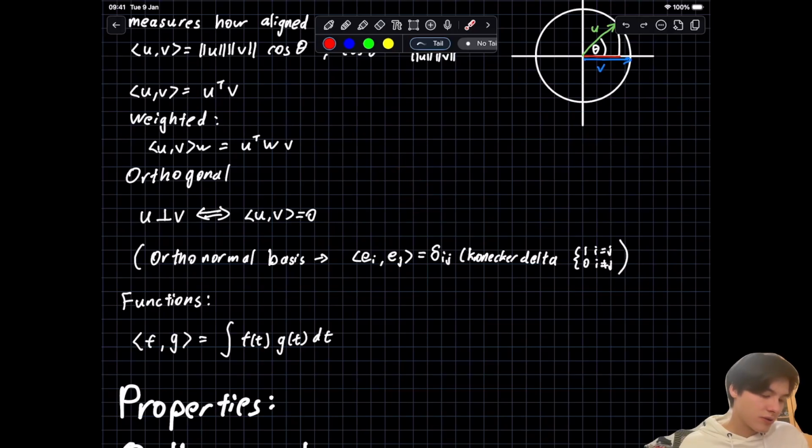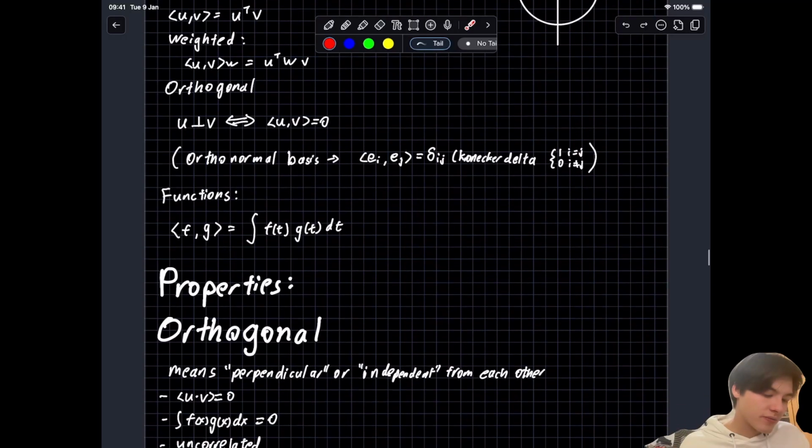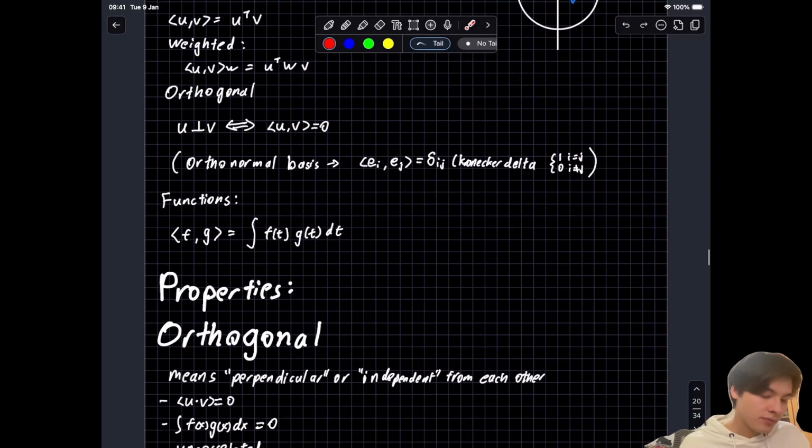This projected on this is 0. So it's basically projection: if you project this on here, you would have this, or if you project this on this.